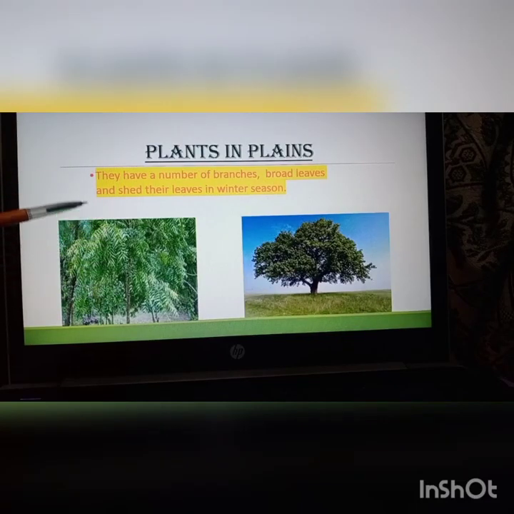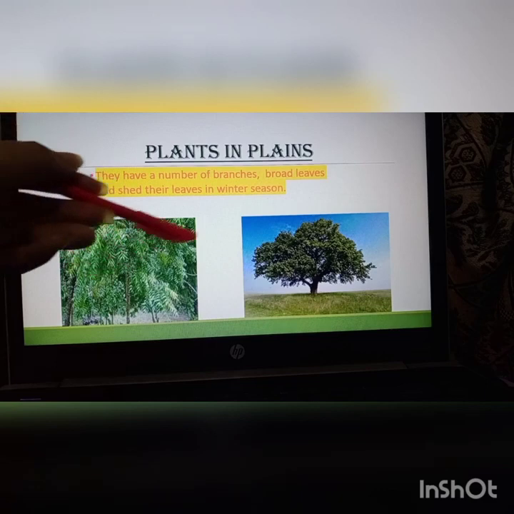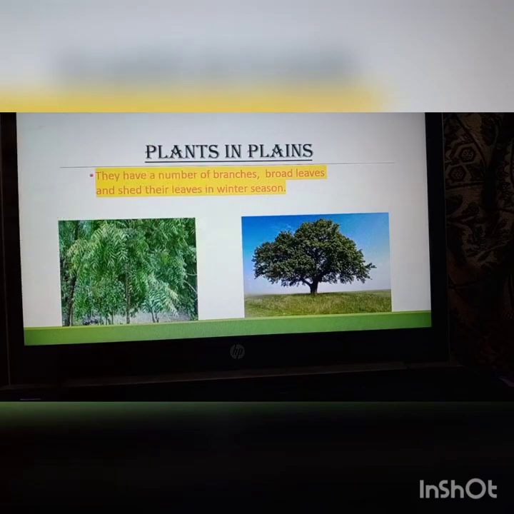So they have a number of branches, their leaves are broad, and during the winter season they shed their leaves, means their leaves get detached from them, and when the spring season arises, again the new leaves come. So these are the speciality, or you can say features, of the plants that grow in the plain areas, students.